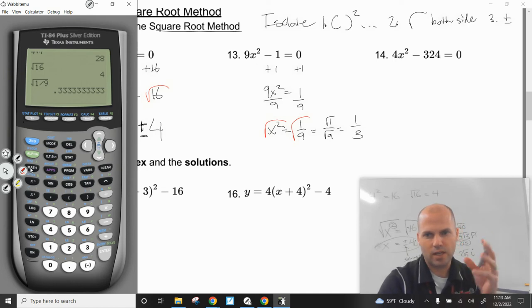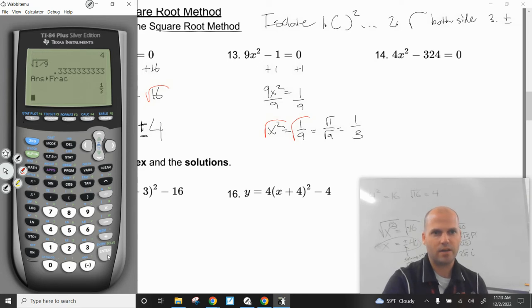If you have one of the yellow calculators, use that arrow thing. Or if you have this calculator, math enter. 1/3. It's like it's giving you 1/3. But don't forget the plus or minus. I should kind of put this down here. x equals positive or negative 1/3.